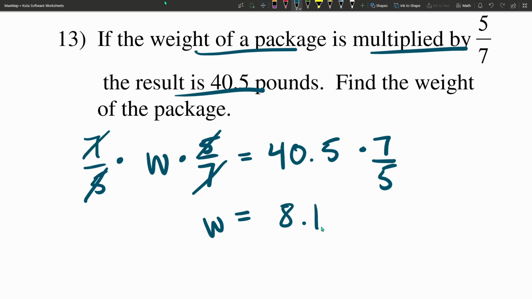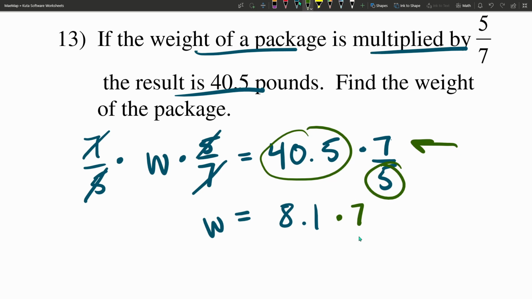So 8.1 times 5 is going to equal 40.5. And again, how I did that in my head, I recognize that 5 goes into 40 8 times, and 5 goes into 5 once. So now I have 8.1, because I already did 40.5 divided by 5, I still need to multiply by my 7.